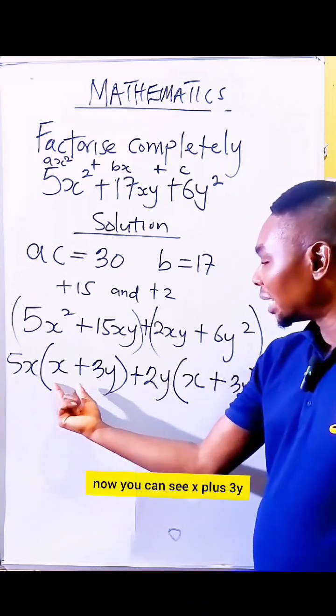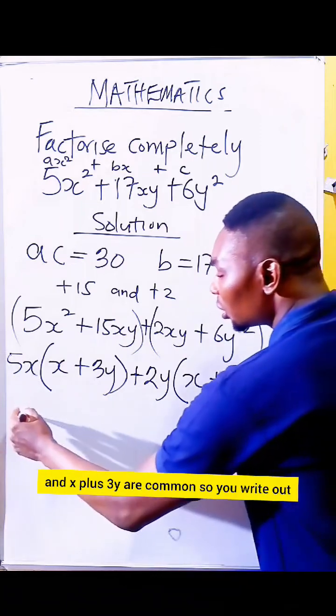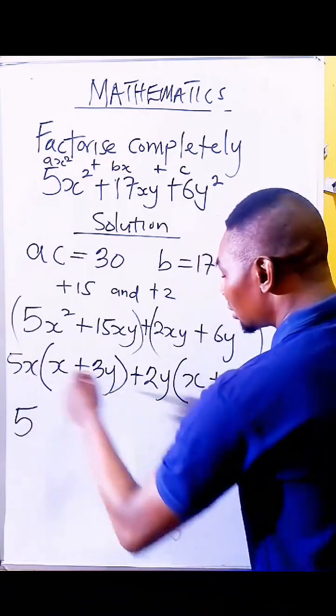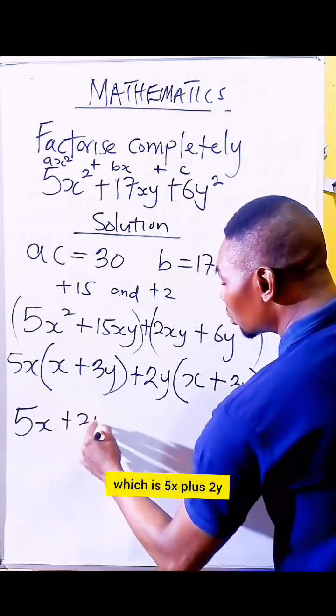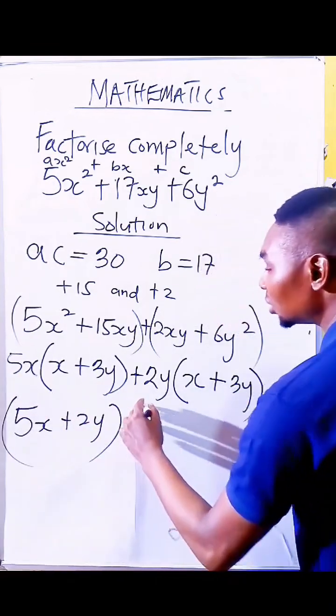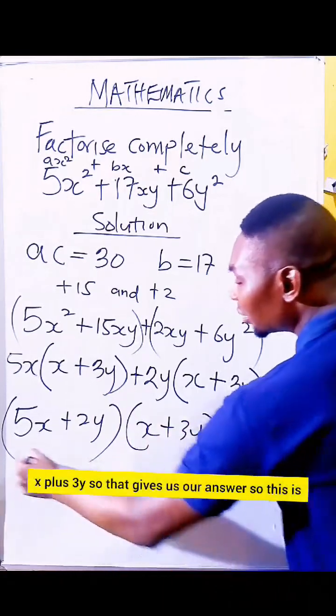Now you can see x plus 3y and x plus 3y are common. So you write out the highest common factor, which is 5x plus 2y, into x plus 3y. So that gives us our answer.